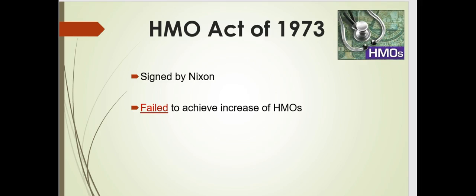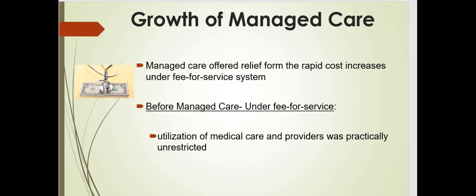And now I want to talk a little about the growth of managed care. Now, there were flaws in the fee-for-service, also known as indemnity insurance, which was actually preferred by providers, but managed care offered relief from the rapid cost increases under the fee-for-service system.